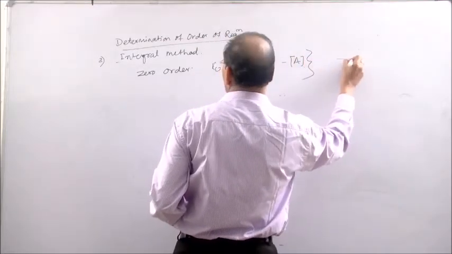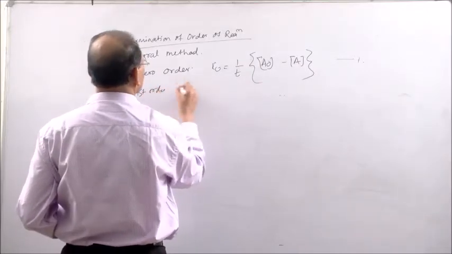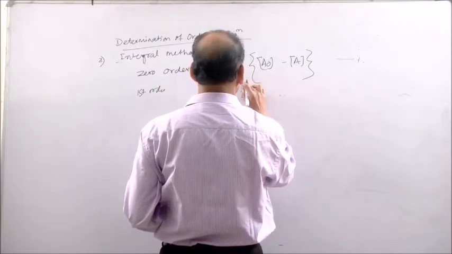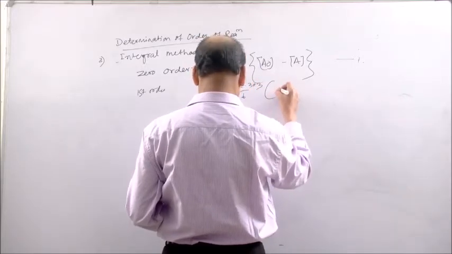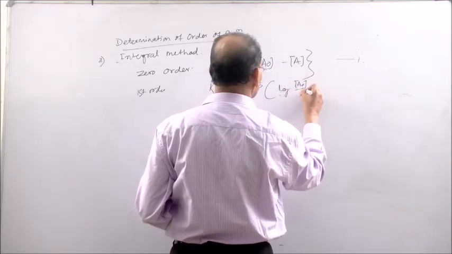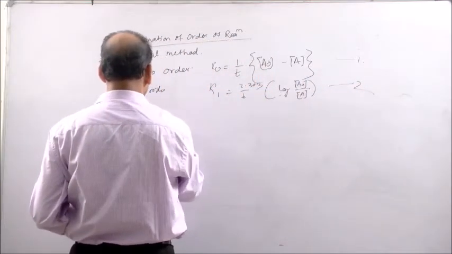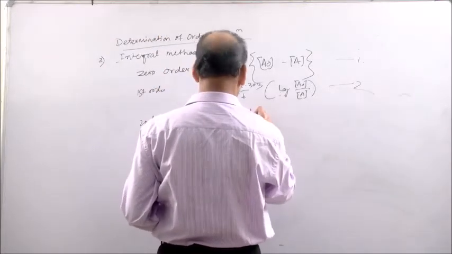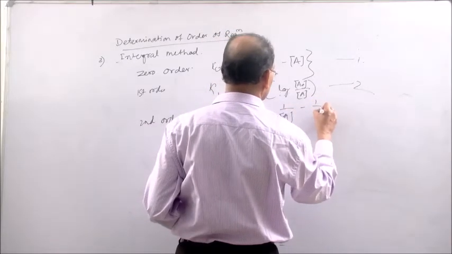This is equation 1. For first order, K1 equals 1 by t, or 2.303 log a0 by a. For second order, K2 equals 1 by t times (1 by a minus 1 by a0).